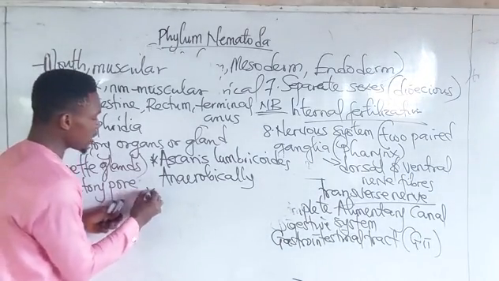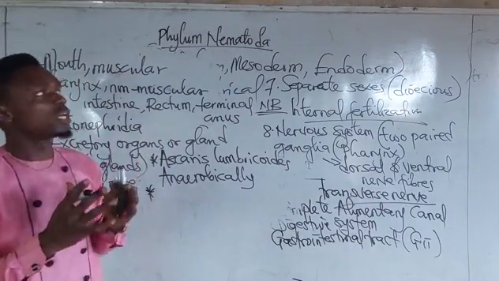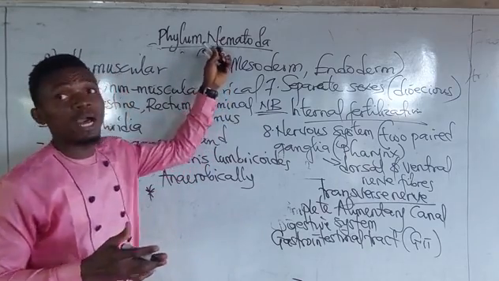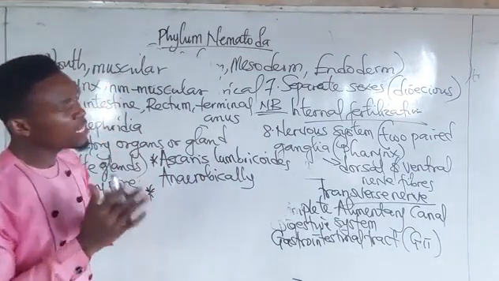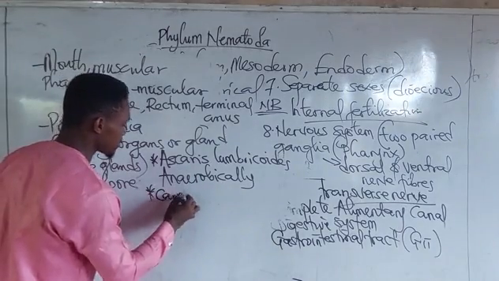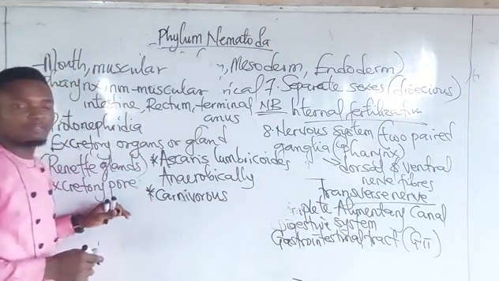Now, secondly, how does it feed? All right? Nematodes. We have parasitic nematodes. This phylum houses both parasitic and free living ones. All right. The free living ones are carnivorous. The free living ones are what? Carnivorous. Okay.